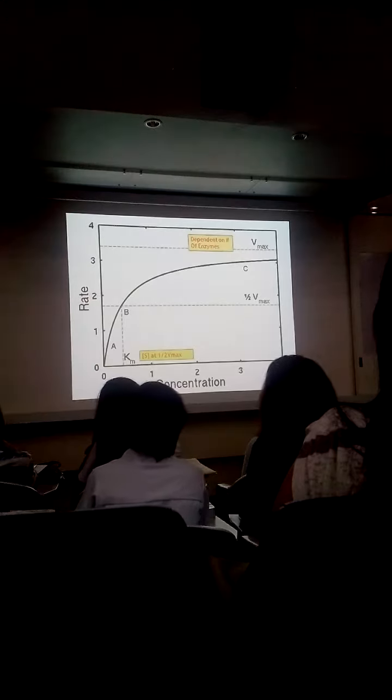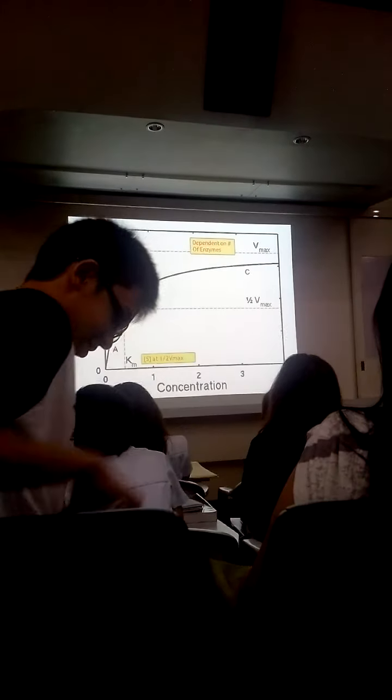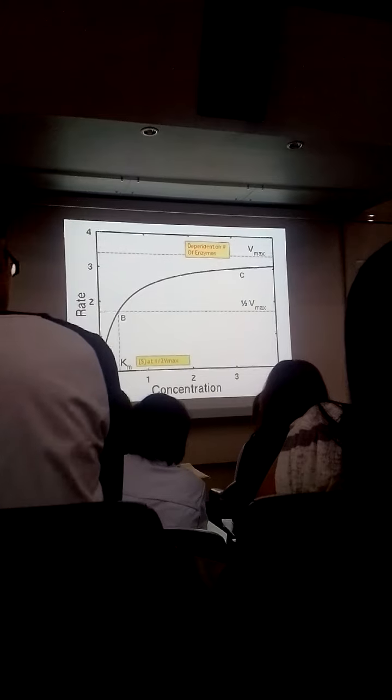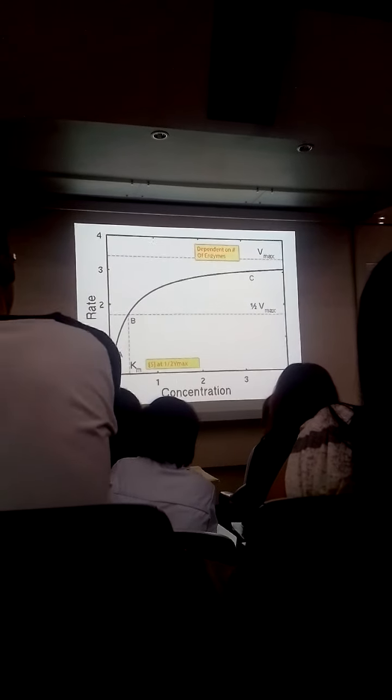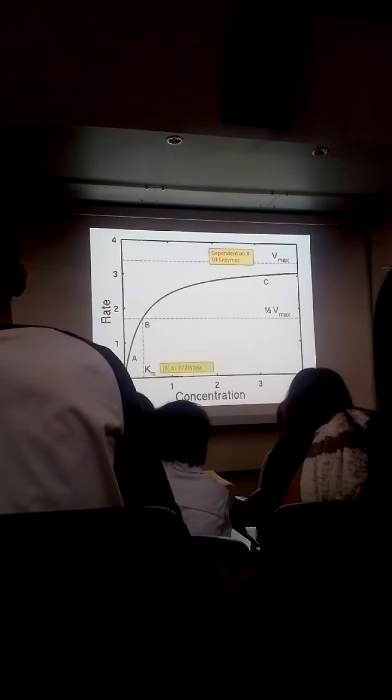If you look at this curve, from point A to point B, you would notice that your enzymatic reaction is increasing in a linear fashion. As you increase your substrate, your enzyme-substrate complex increases in proportion to your substrate concentration, and this is called first order kinetics.